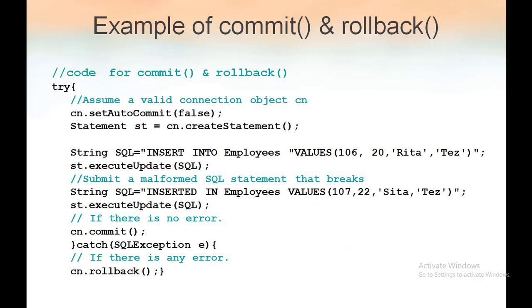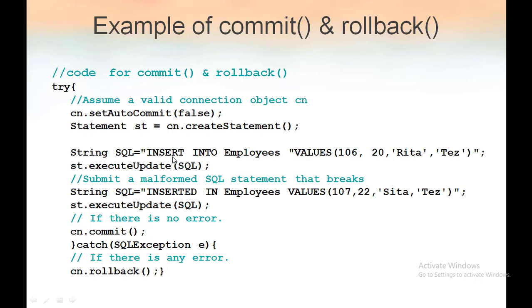Example of commit and rollback. Here we are using the cn object of the Connection interface to set the auto commit mode. cn.setAutoCommit(false), because it is true by default. Statement st = cn.createStatement(). If you have no idea about cn, then you can see my previous videos. The st object we are using to execute the statement.